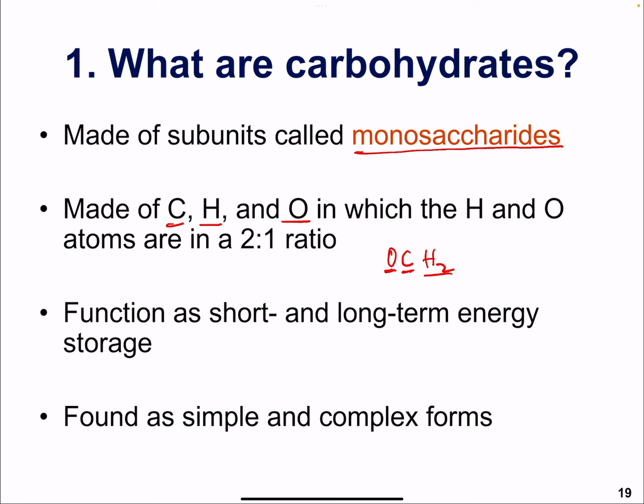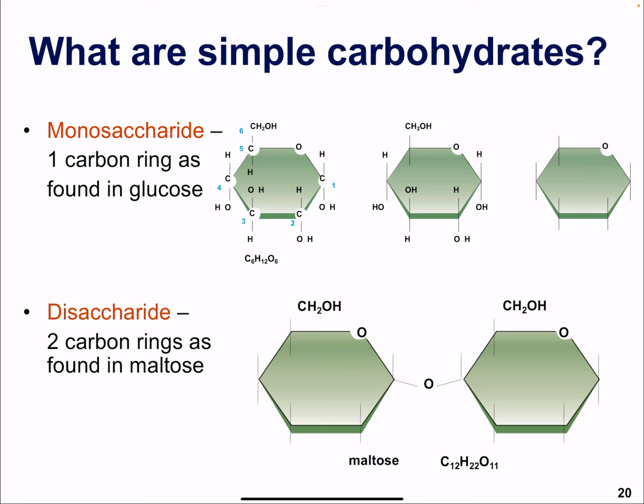These complex sugars are basically what we call polysaccharides. Mono means one, poly means several, right? Several building blocks.